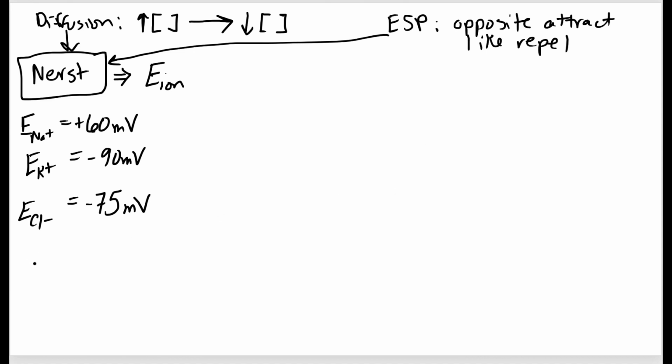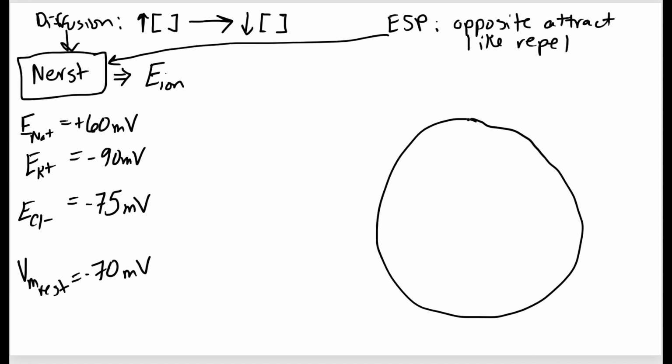So we know that our resting membrane potential is around minus 70 millivolts. But let's say we're not at rest. Let's say we are at plus 60 millivolts. Now let's look at how the forces for sodium change when we're not at rest.